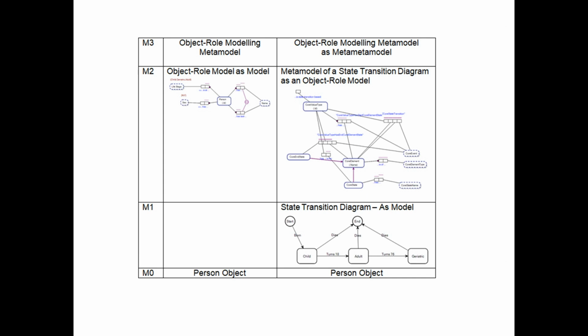In Boston, or the particular proposed use of object role modeling as a combined meta model, we have an M3, M2, M1 and M0 layer, where we can use the same model as both meta model and model, and meta model and meta model. For object role modeling models, it becomes just a meta model, and we view object role models.